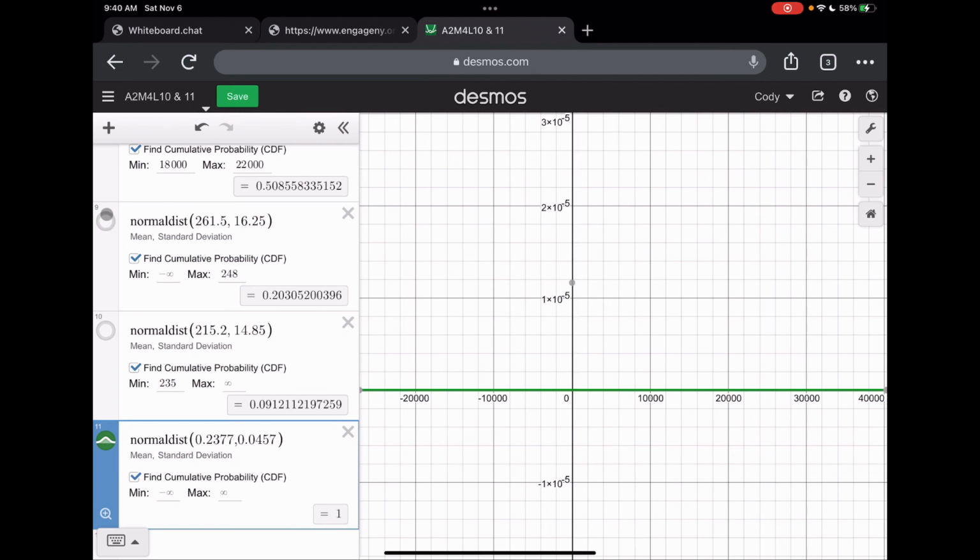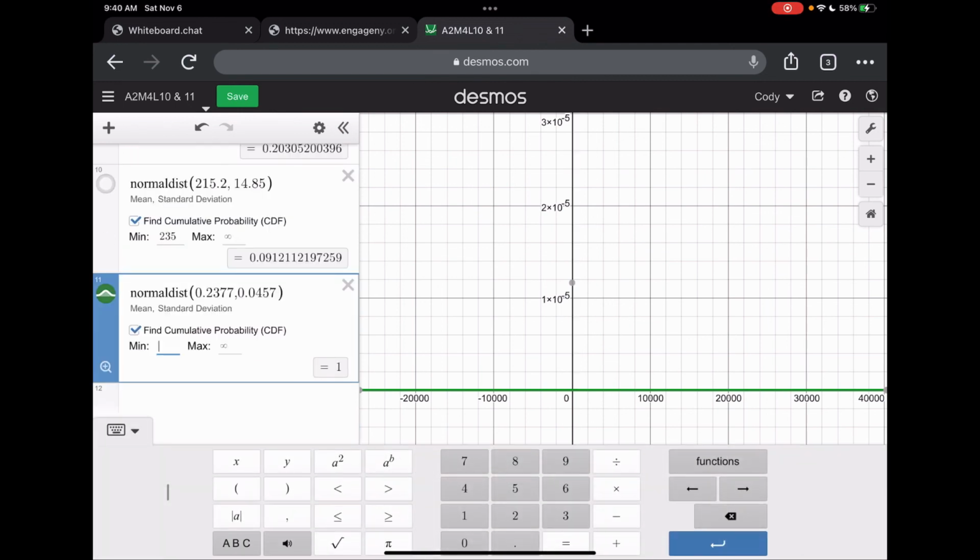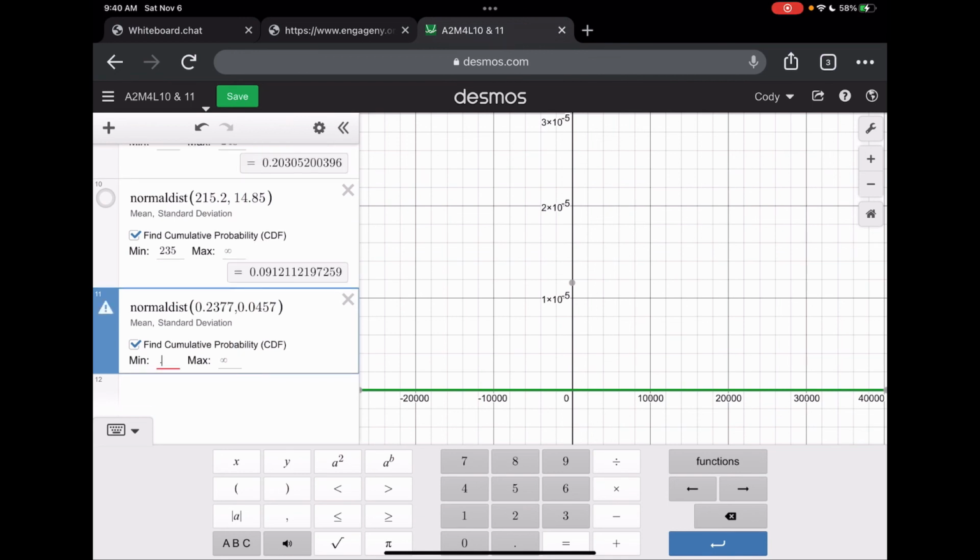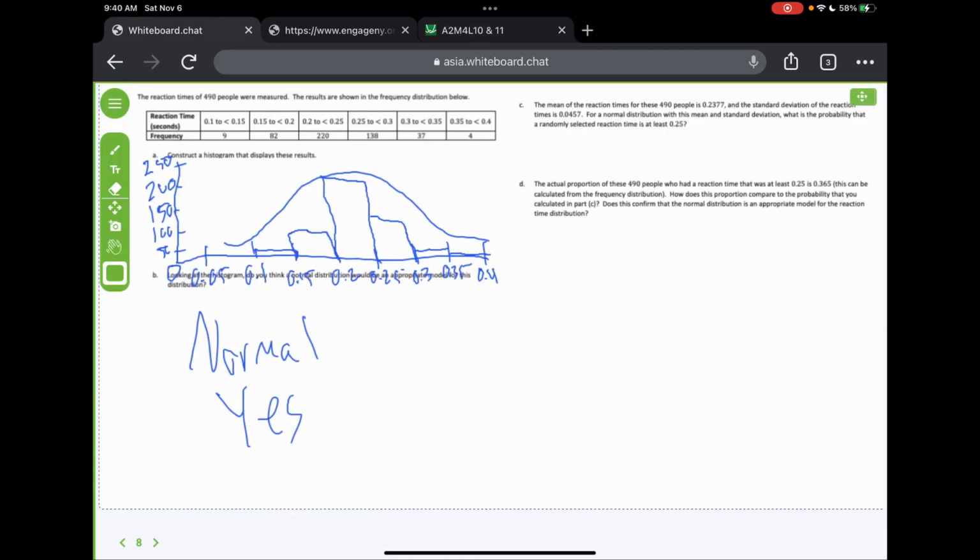A minimum of 0.25. And that gives you the calculation there of 0.3939. So we'll just call that 0.39. Actually, we round to 0.4, but there you go.